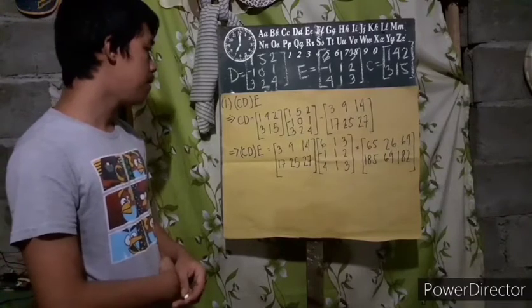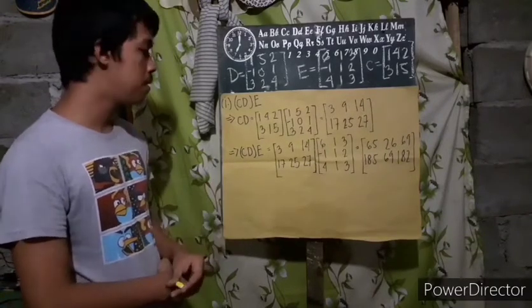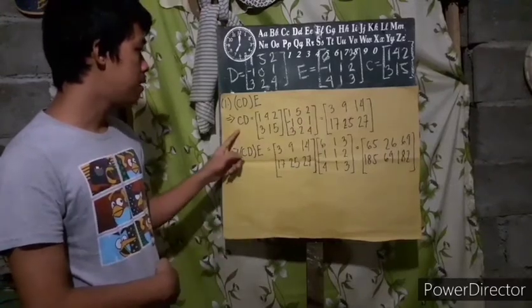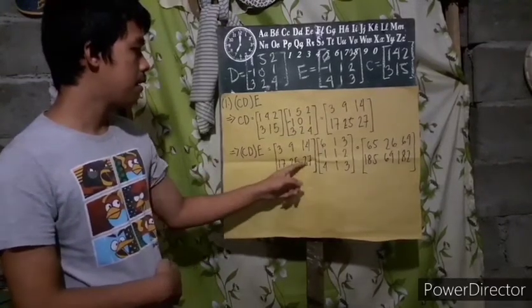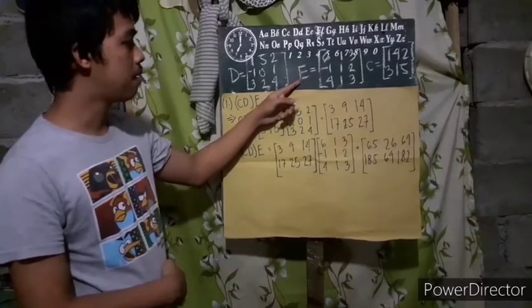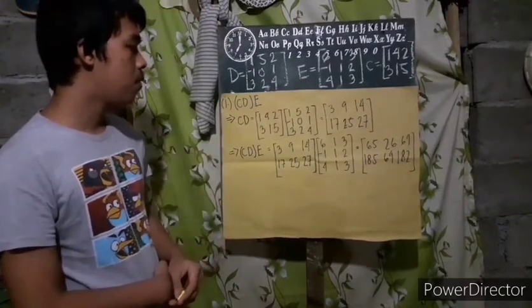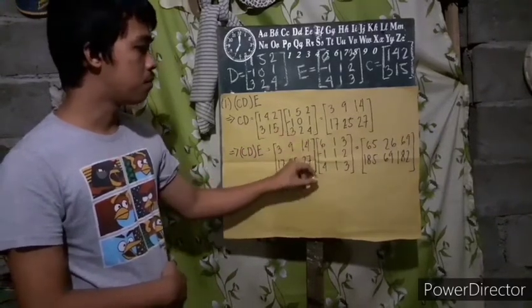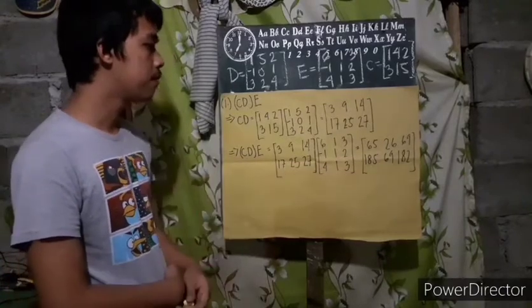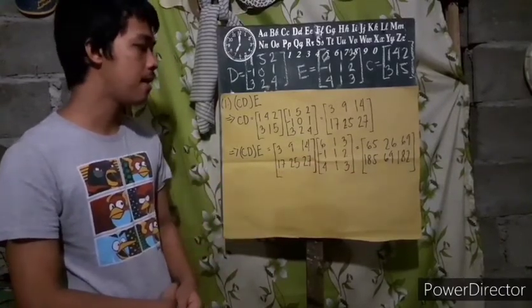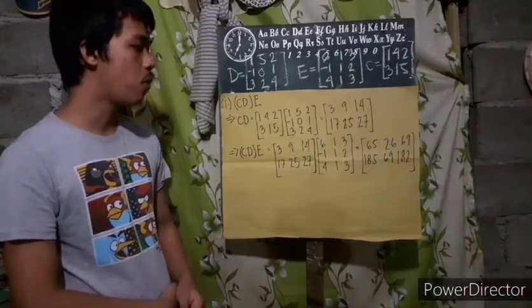Next, we can easily find C times D, then multiply by E. Just copy the answer of C multiplied by D here, then multiply it by the matrix E. Again, multiply each row into column to get the result. So we have a result of 65, 26, 69, 185, 69, and 182.